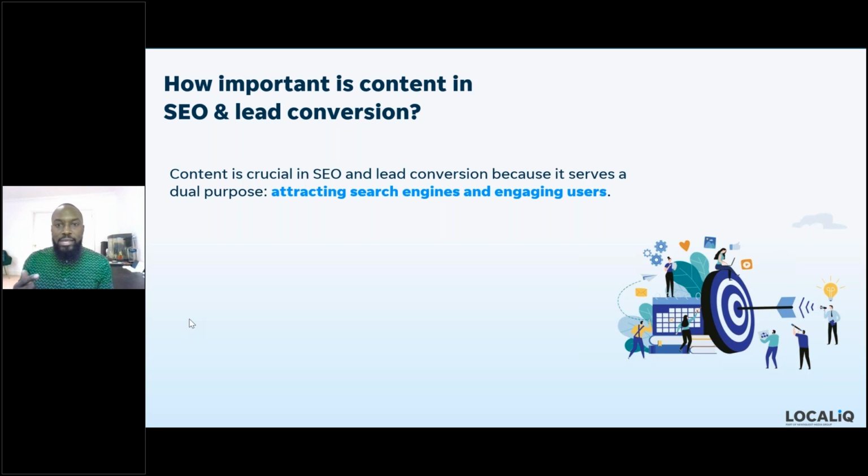Great content is key for making your website come up and rank well in search results, because it shows search engines like Google and Bing that your site is relevant and authoritative. And this is crucial, especially considering that 68% of all online experiences start with a search engine.